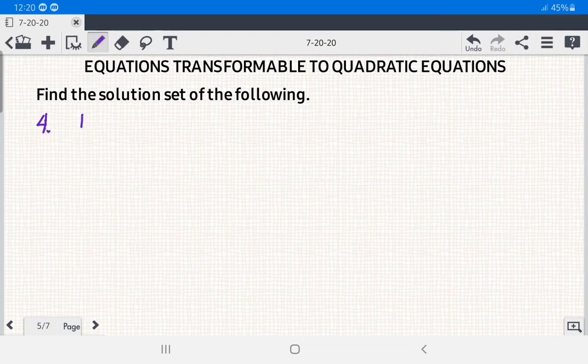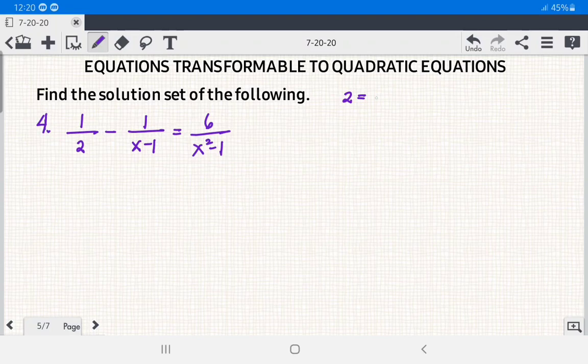Let's say we have 1 over 2 minus 1 over x minus 1 equals to 6 over x squared minus 1. So here, what you are going to do is, let us get the LCM of all the denominators. So for the first denominator, we have 2, right?